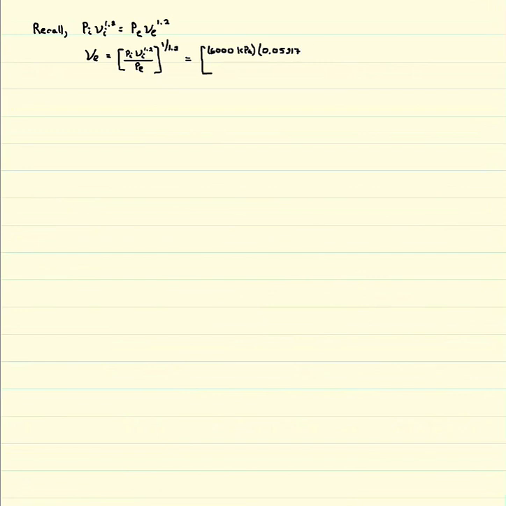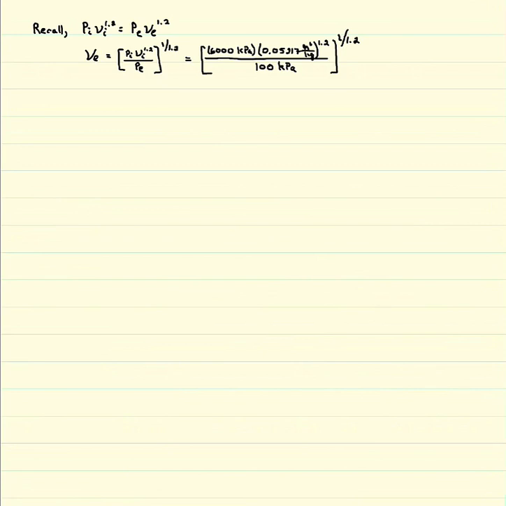So this is 0.05217 cubic meters per kilogram raised to the 1.2, and this is all divided by our exit pressure, which is 100 kPa. And then this whole expression is raised to the root of 1.2, so 1 over 1.2.